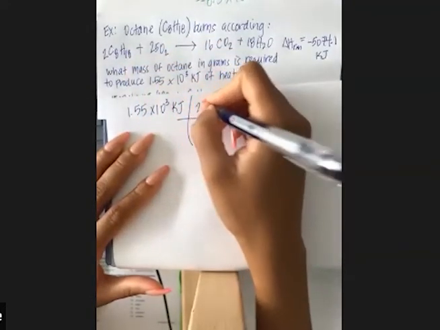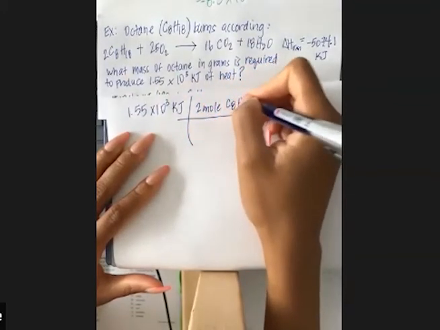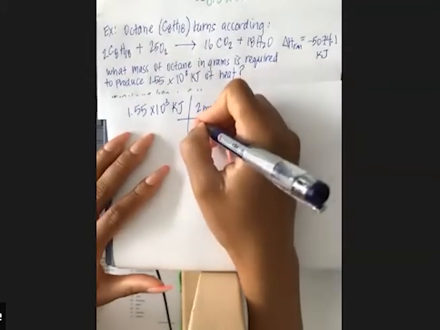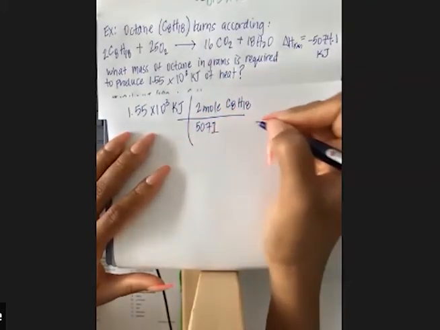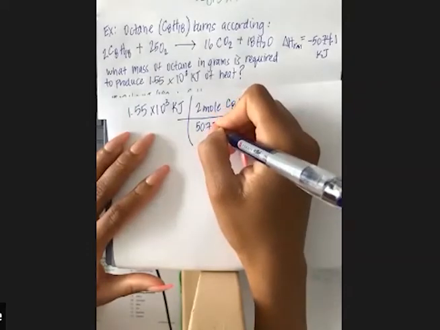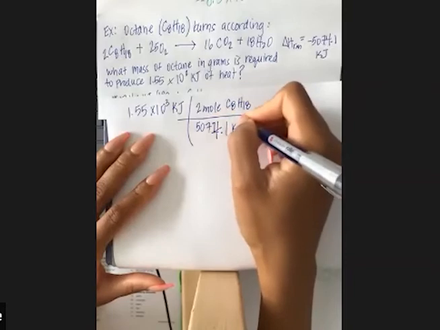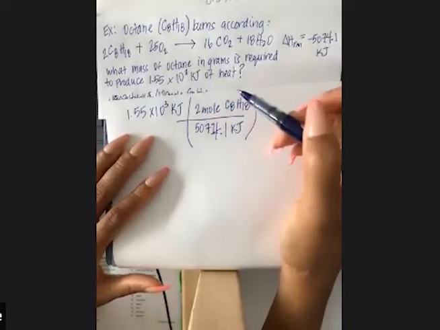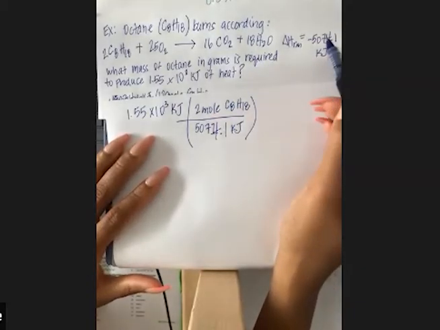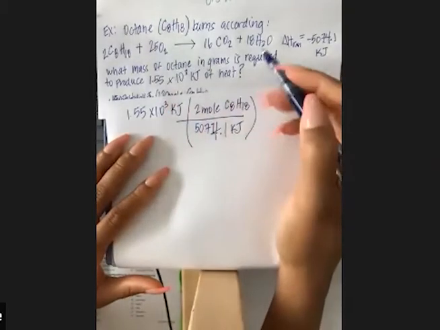So I can say 2 moles of C8H18 gives me this much heat, 4.1 kilojoules like that. All right, so that's my first step. I'm just trying to get to moles. In this case, I use the ratio from here to here to get to moles.